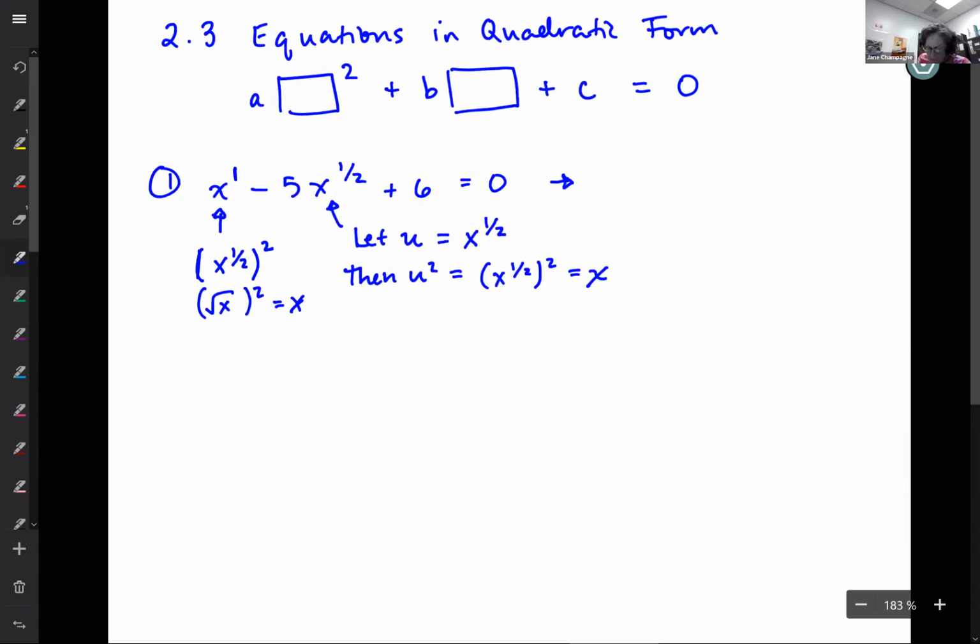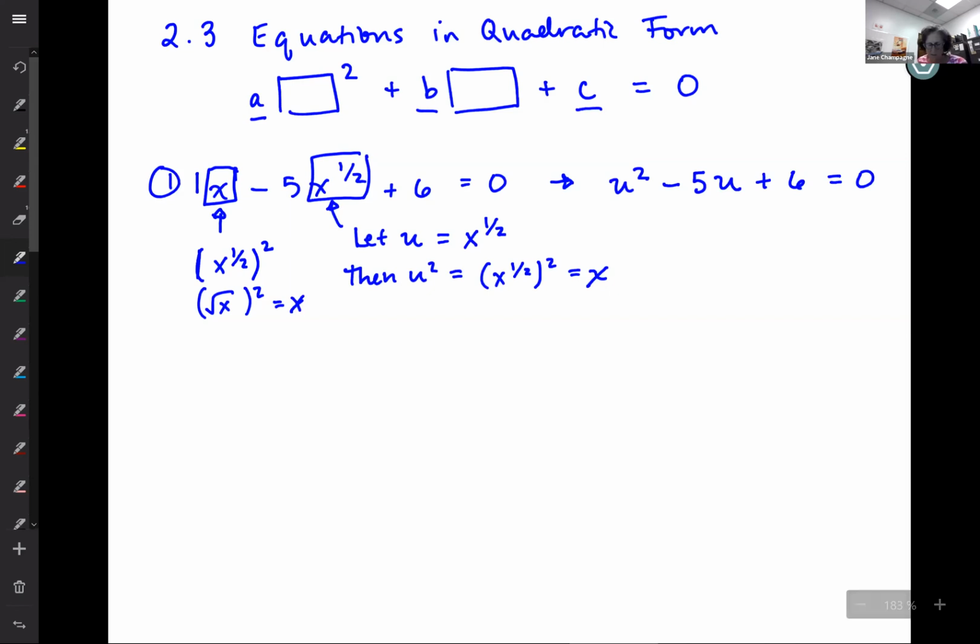So we can replace x to the first with u squared and x to the 1/2 with u and get a quadratic equation. All right, the leading coefficient here was 1, so I didn't have to worry about that. That was like the A. And the B was -5, and the C was 6.